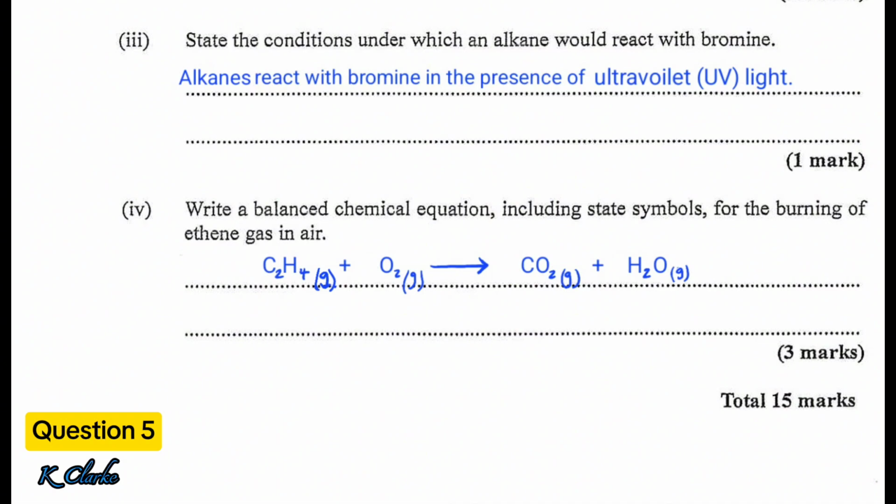Also, there are 2 oxygens on the reactant side while 3 oxygens on the product side. In order to balance this equation, we will write the numeral or coefficient 3 in front of the oxygen, 2 in front of the carbon dioxide, and 2 in front of the water.